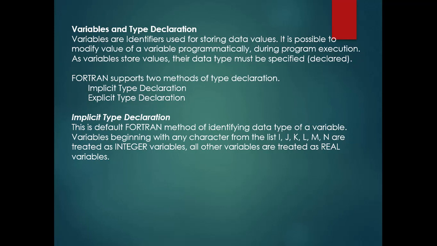This is the default method to define the data type in FORTRAN, and whenever we use certain variables, if they start with I, J, K, L, M, in that case they have to be treated as integer variables.